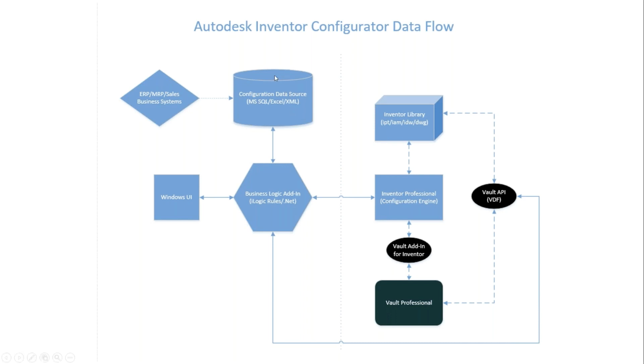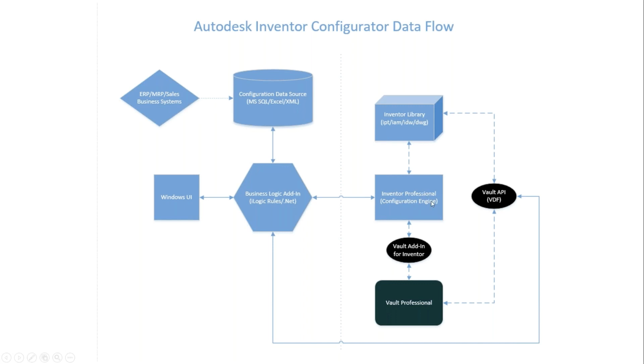And as you can see next to there, that data source can be fed either by our business logic or by some other external business system. So really unique and interesting concepts revolving around that.